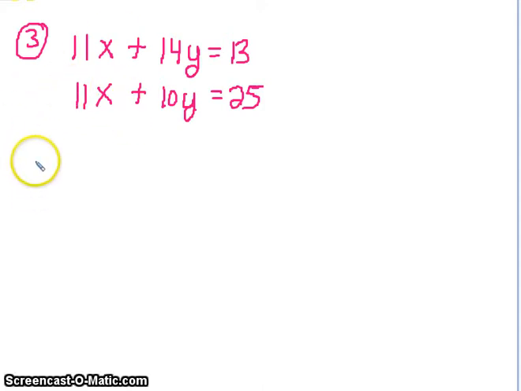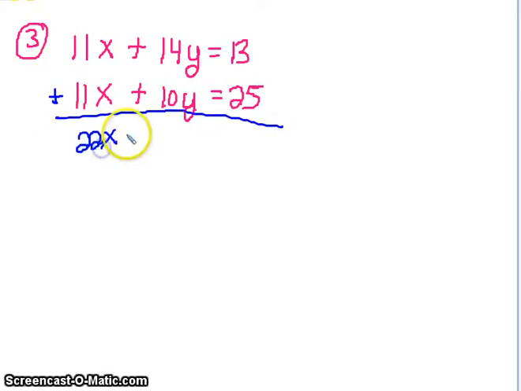perfect. If I combine right now, just add them straight up, I get 22x plus 24y equals 38. Not helping. So I need something to cancel. Obviously, 11 and 11, if I make one of them negative, that will help. So let's make the top negative this time. Doesn't matter.